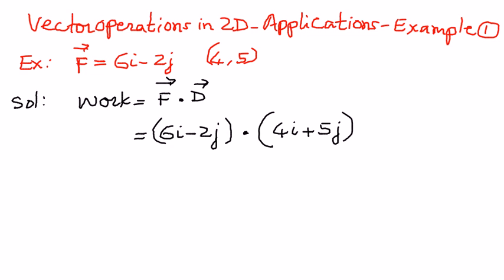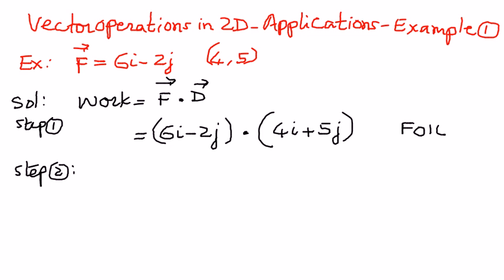If we call this step number 1, in step number 2, we expand this dot product using the FOIL method. The FOIL method is first we expand the first elements, then the outer elements, then the inner elements, and then the last elements.